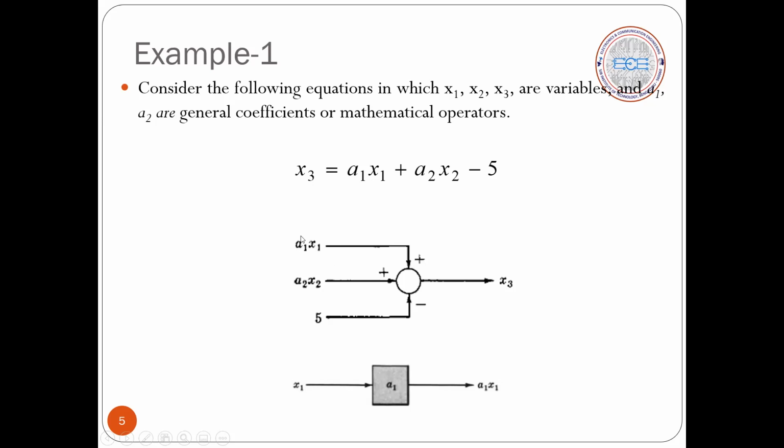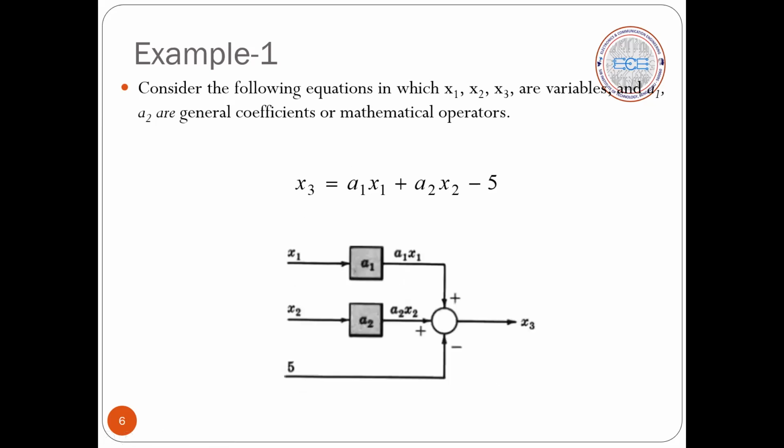I can have a block here, so I can make the variable x1 pass through this block, get a gain a1, and enter the summer. That's what we call a clearer block diagram representation. So that's what we have done here. I have taken a separate block a1 and a2 for the line 1 and line 2 signal inputs. So this is what we call the block diagram representation of a given mathematical equation.